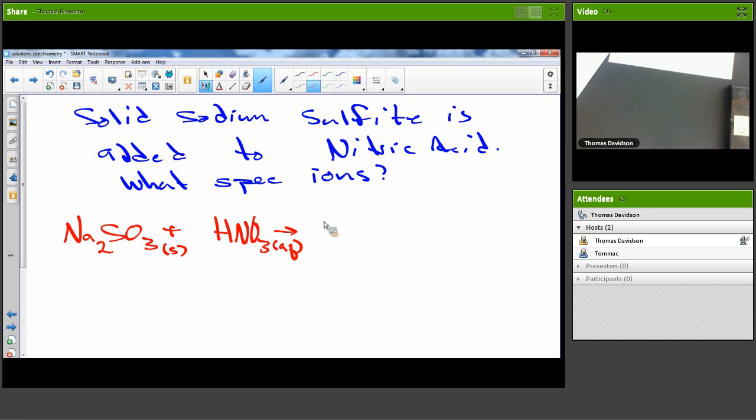This produces NaNO3, solid or aqueous? Aqueous, how do you know? All right, they're both soluble. Plus, then you get in trouble. It produces H2O, liquid, and SO2 gas.